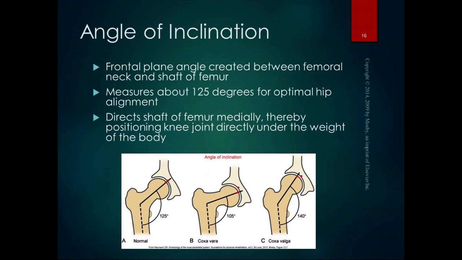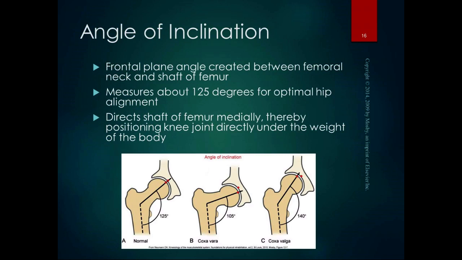So the angle of inclination directs the shaft of the femur medially, and thereby it positions the knee joint directly under the weight of the body. That's the whole point of having that angle: positioning your lower extremities underneath the weight of your body.